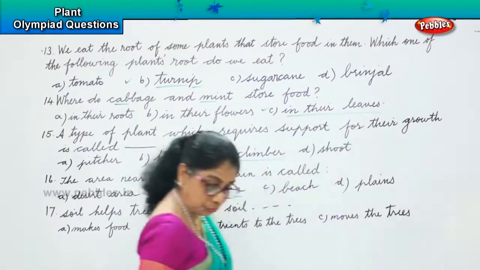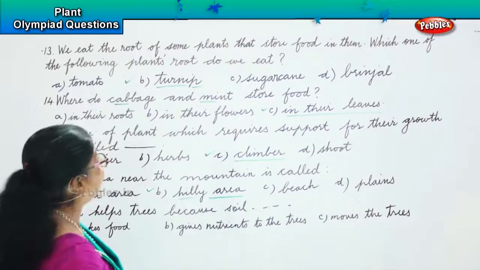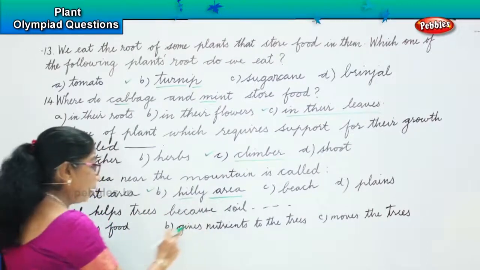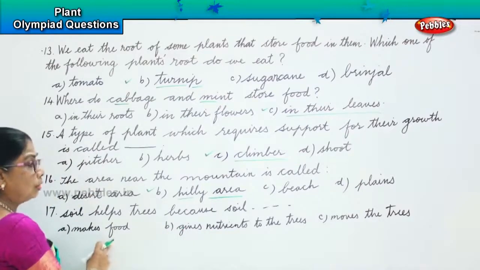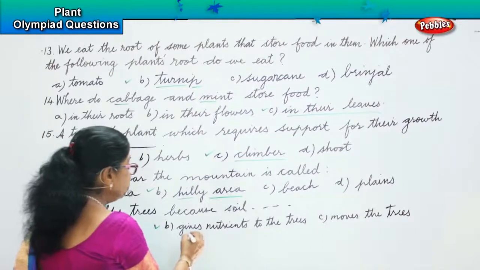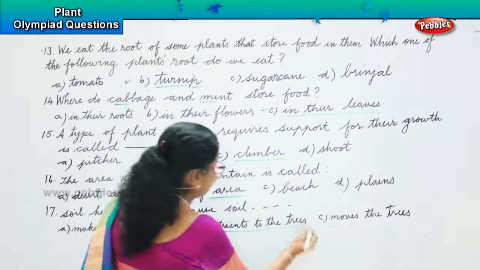There are three options to choose from. The question is, soil helps trees because soil makes food, moves trees? No, because soil gives nutrients to the tree. That's the correct answer.